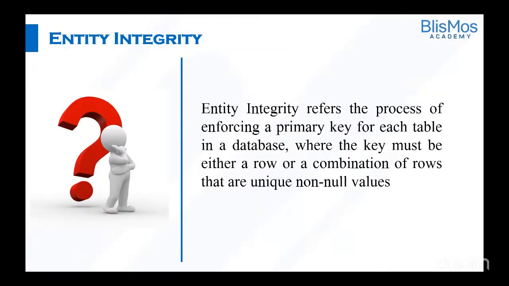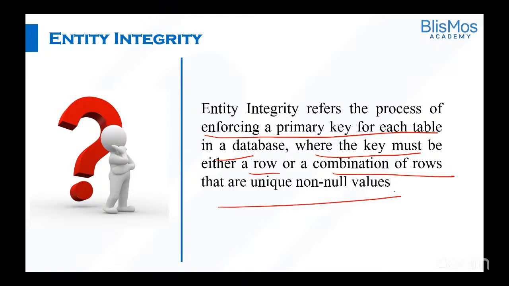In a way, what we are doing in entity integrity is enforcing a primary key for each table in a database, where the key must be either a column or a combination of columns that are unique and non-null values. We will have entity integrity by enforcing the primary key for each table. Whenever you create a table, you should have a primary key. That is how we will ensure.